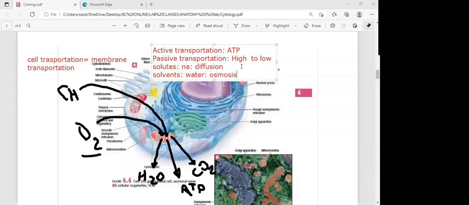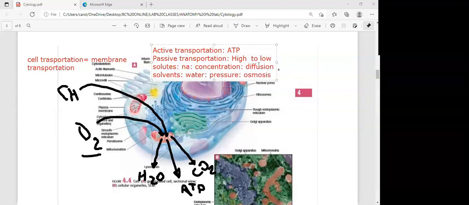So therefore, how does passive transportation happen? Always from high to low. High to low what? For example, if we talk about sodium, high to low, right? So that high what? If you talk about forces, if you talk about sodium, you're going to talk about concentration. If you talk about solvents like water, then you're going to use pressure.